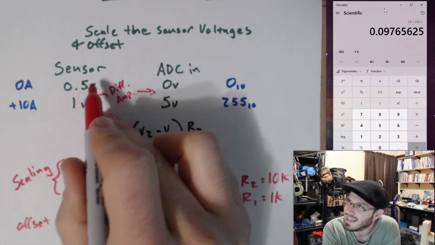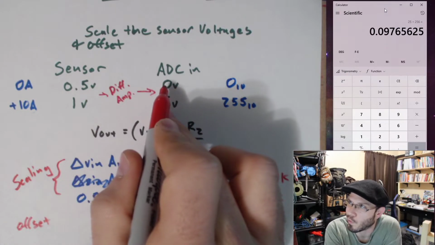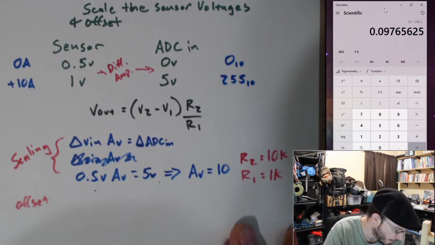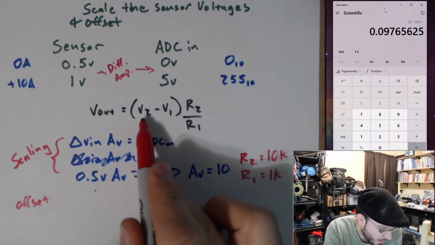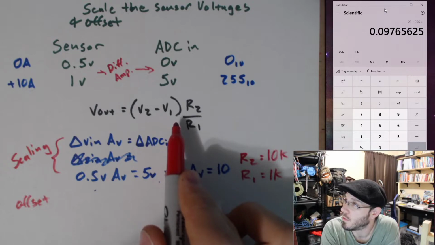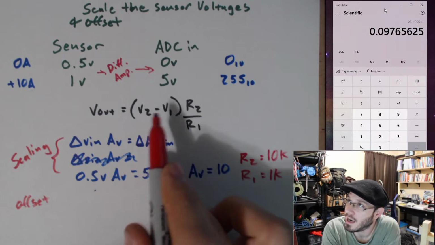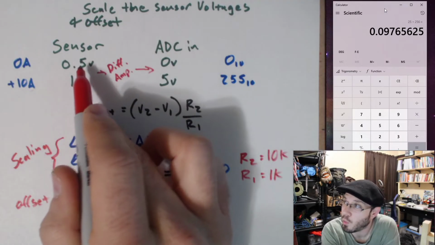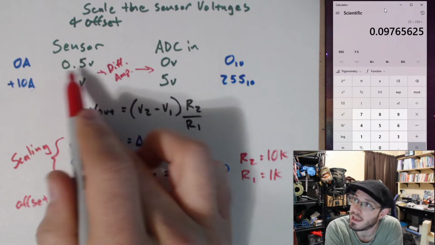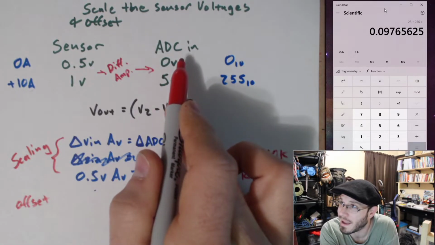In other words, I need to take my 0.5 volts and convert that to 0 volts. And if we look at the equation, V2 minus V1, I'm going to take my voltage output from the sensor and subtract from that 0.5 volts. If I do that, then anytime I have 0.5 volts on my input, I get 0 volts on my output.